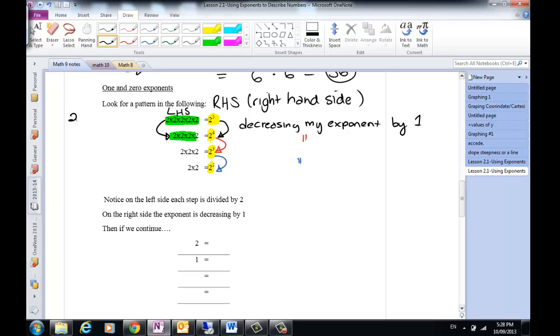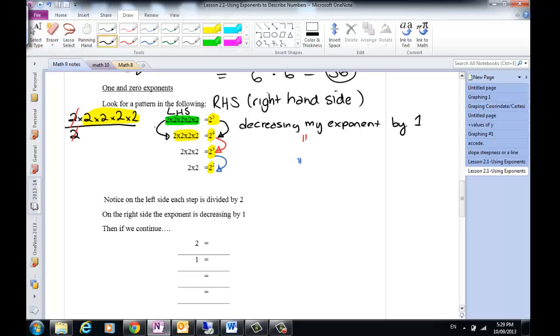So the top one was 2 multiplied by 2 multiplied by 2, there's 5 of them. If I'm trying to get from the green one to the yellow one, then I would have to divide the green one by 2. I would reduce this. Remember, 2 divided by 2 is 1. And all I'm left with is 2 to the power of 4.